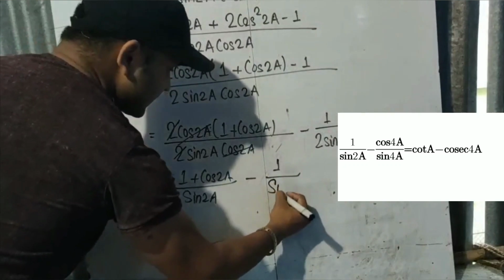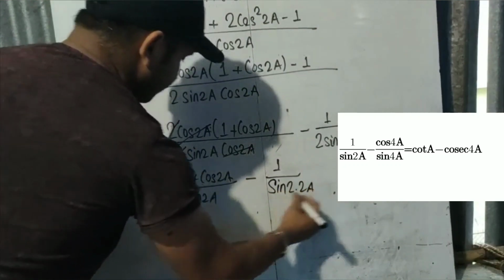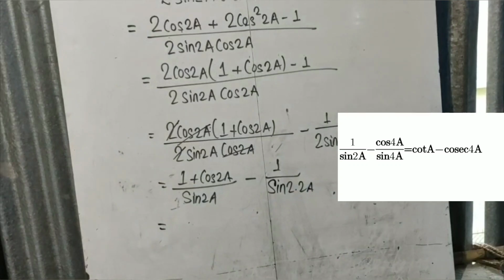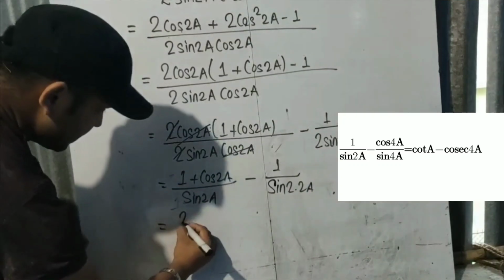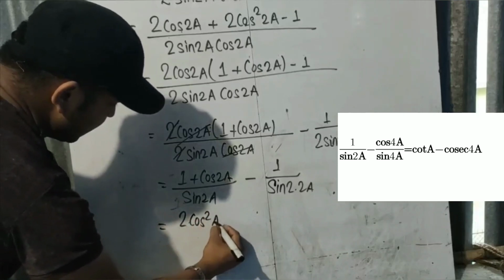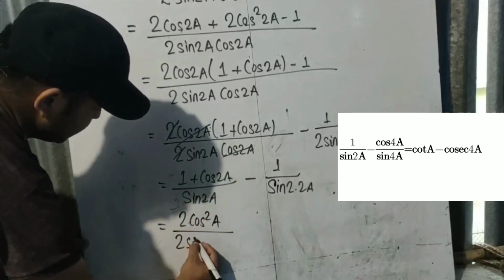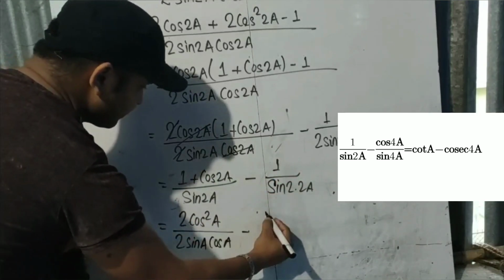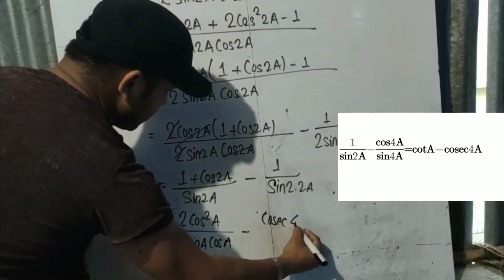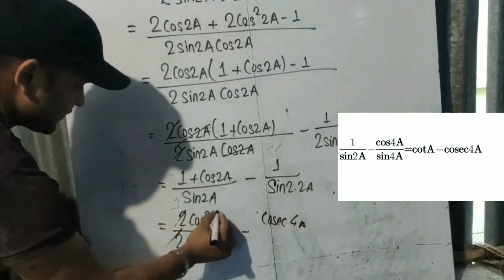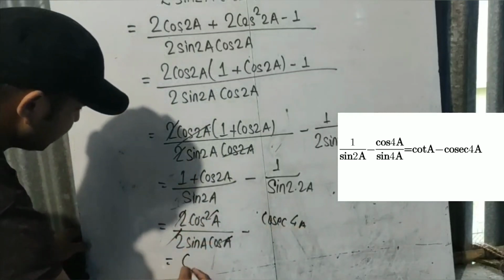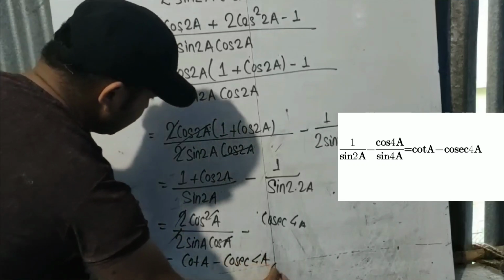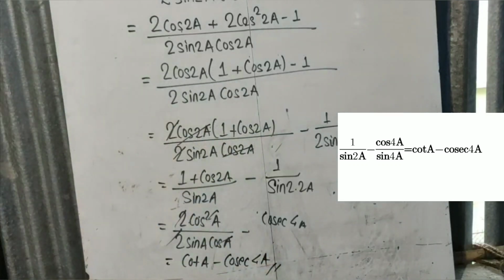So we can write sin 2a here. We have the formula 1 plus cos 2a is 2 cos square a, and sin 2a is 2 sin a cos a, and 1 by sin 4a is cosec 4a. Now 2 cancels, cos cancels. Now cos a by sin a is cot a minus cosec 4a. Now this is our solution.